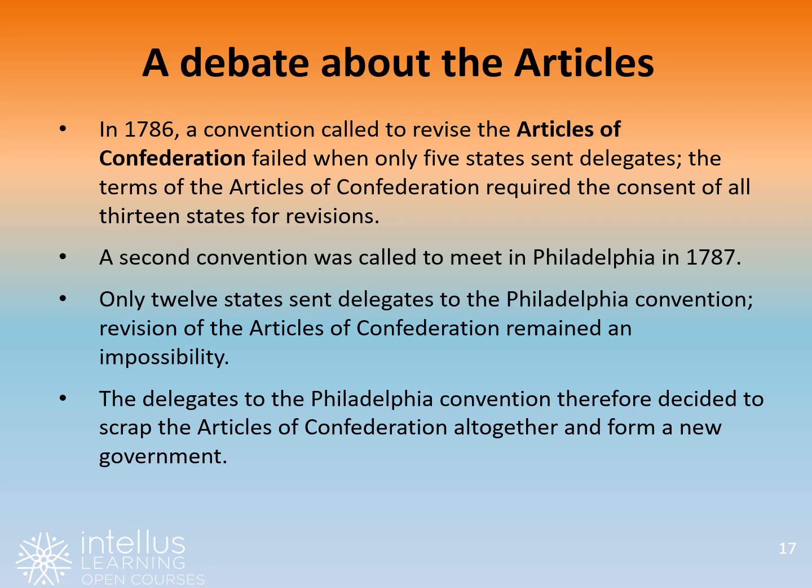The second convention was called to meet in Philadelphia in 1787. Only 12 states sent delegates to the Philadelphia Convention, so revision of the Articles of Confederation remained impossible. The delegates to the Philadelphia Convention therefore decided to scrap the Articles of Confederation altogether and form a new government.